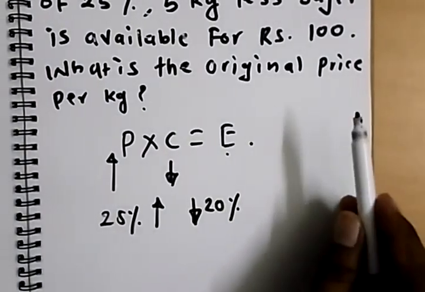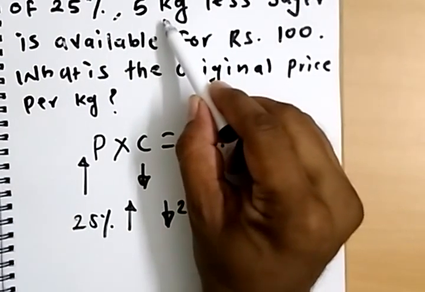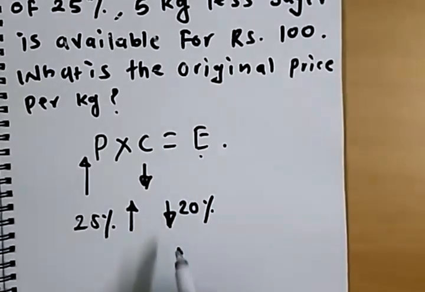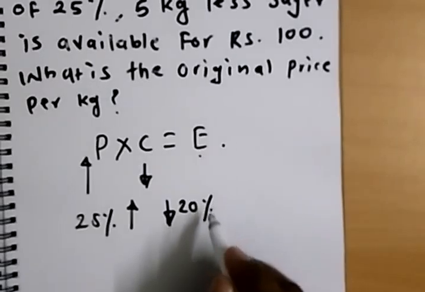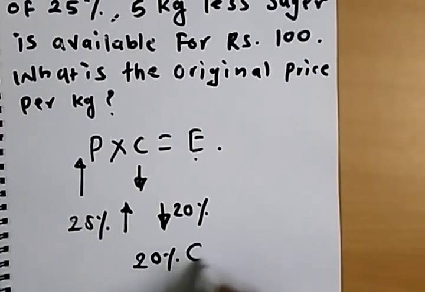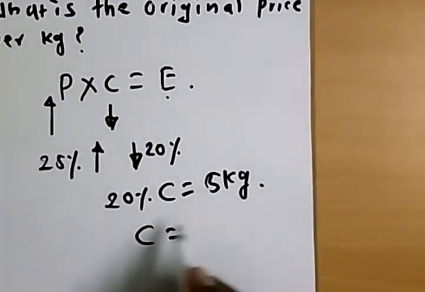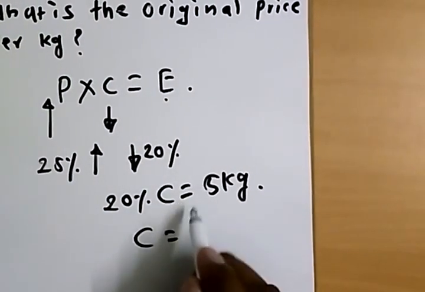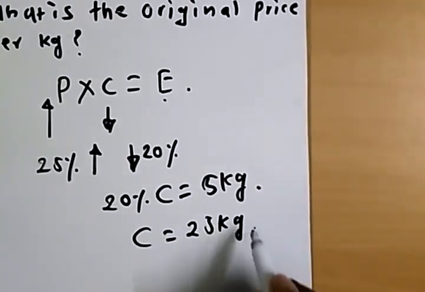So the consumption now here is getting down by 5 kg because we are getting 5 kg less sugar for the same amount, 100 rupees, right? So decreased consumption is 5 kg, that is 20% of consumption. So therefore original consumption must be 5 times that, so C will be equal to 25 kg.